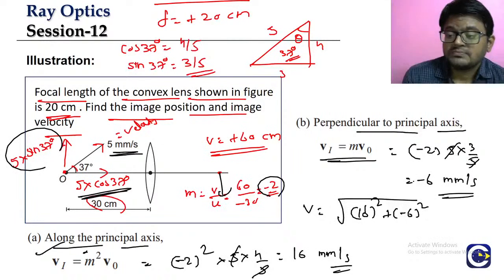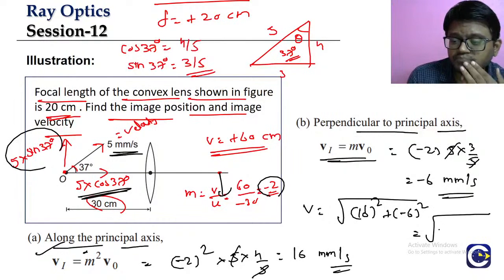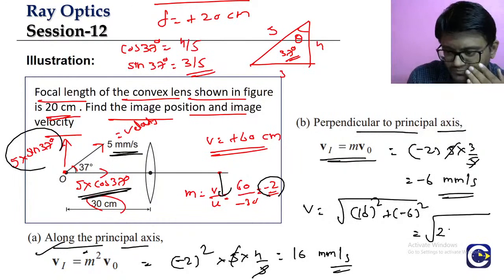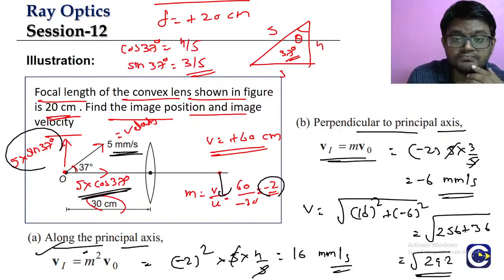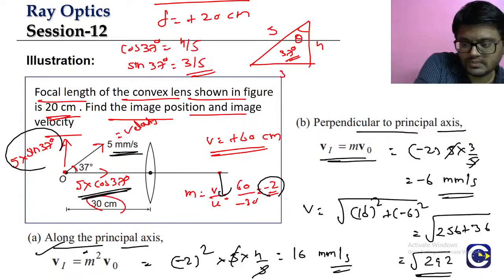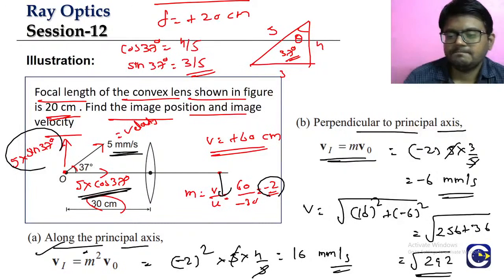So root of 16 square, which is 256, plus minus 6 square, which is 36. That is root 292. The unit will be millimeter per second.